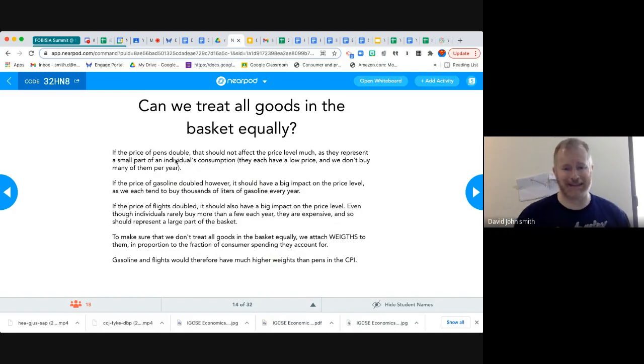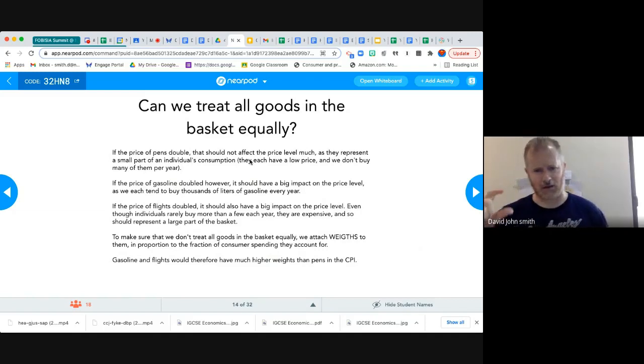If the price of pens doubles, the pen that you write with, that won't affect the overall price level very much. The example I used to give was the price of matches. In the supermarket that I worked in, we used to sell boxes of matches, and they used to cost about 15 cents a box.